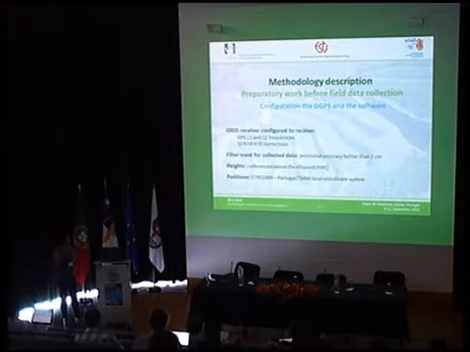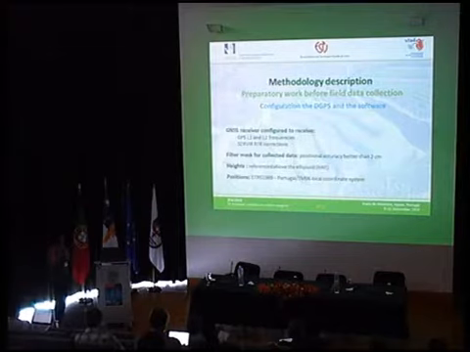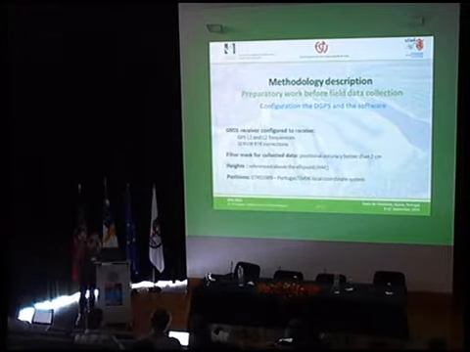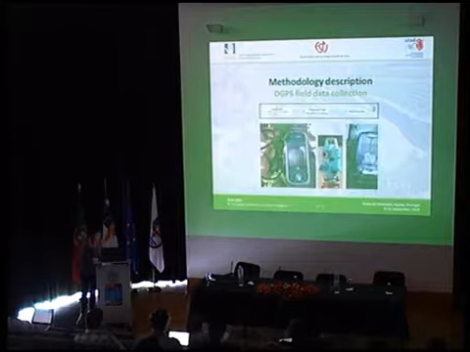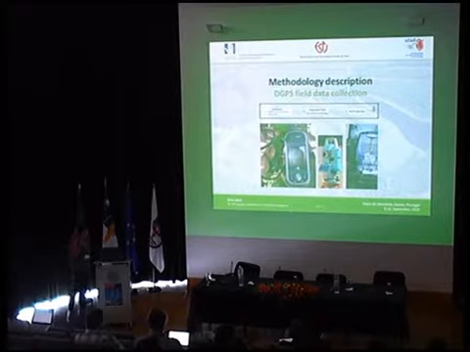Before acquiring the data, it is important to configure the equipment. The GPS was configured for a positional accuracy better than 2 centimeters, using a filter mask for collecting the data. And after, we go to the vineyard and collect the data.